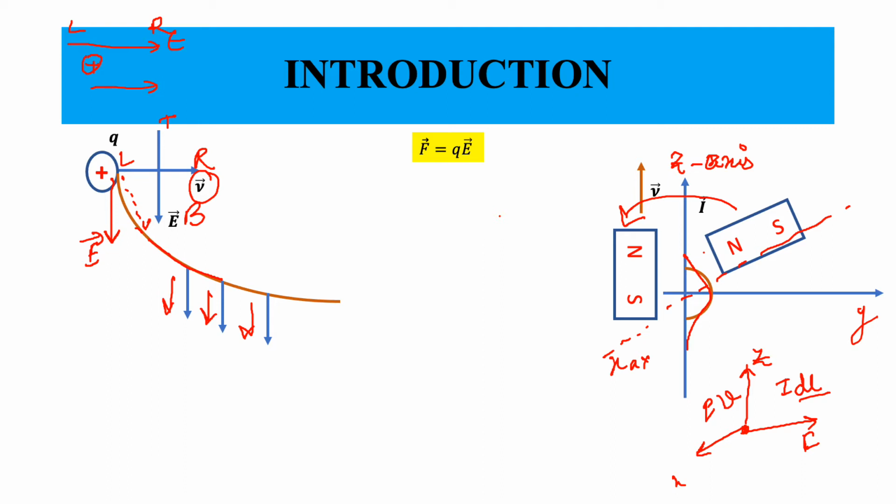So there is some vector associated with the magnet. Let us call this vector B. Then it turns out that the force must be perpendicular to the plane containing both the current element or moving charge as well as this vector B.